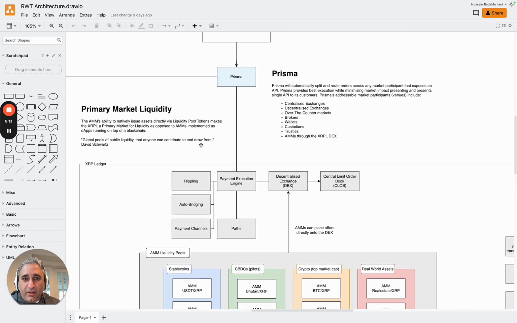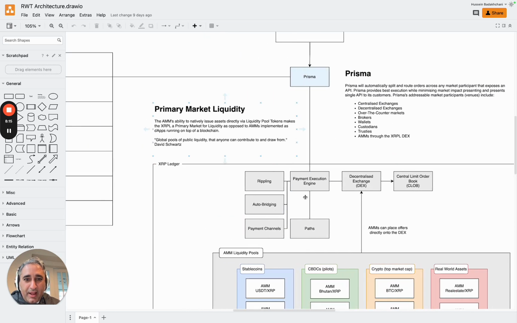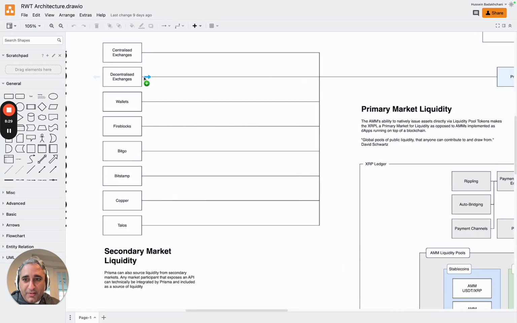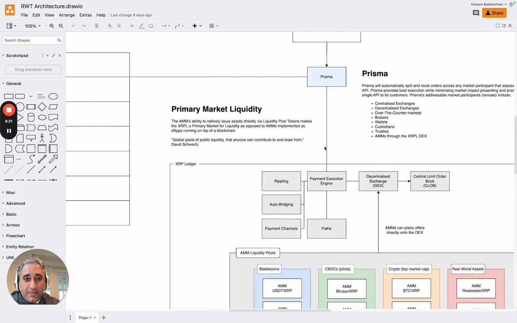But I think what I like about Prisma and the XRPL is that one of them is at the application layer, satisfying enterprise customers and using the APIs that are available in the outside world from all of these various venues and indeed wallets. And that capability is being mirrored by the XRPL payment execution engine.